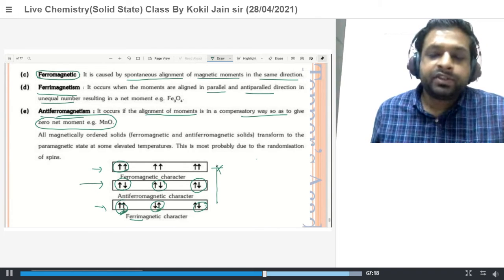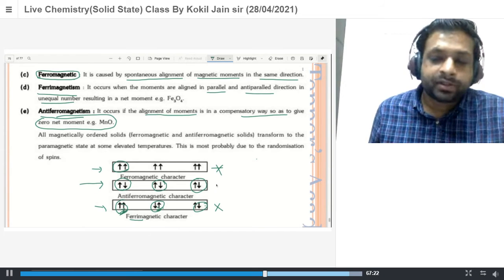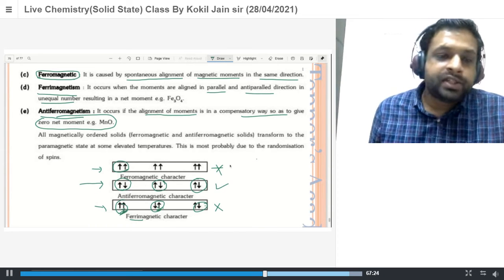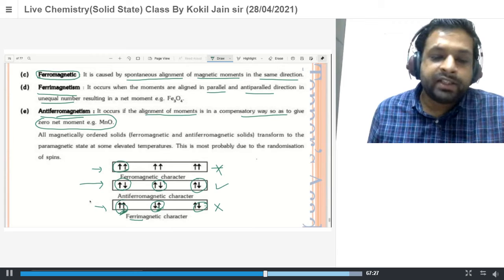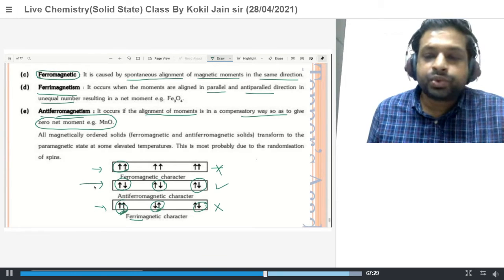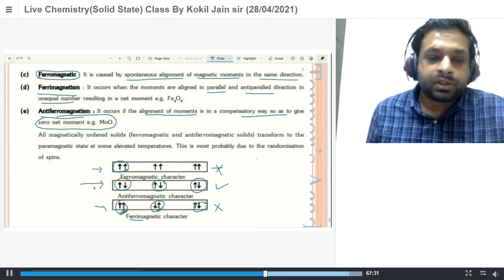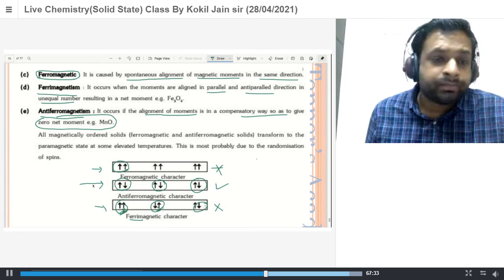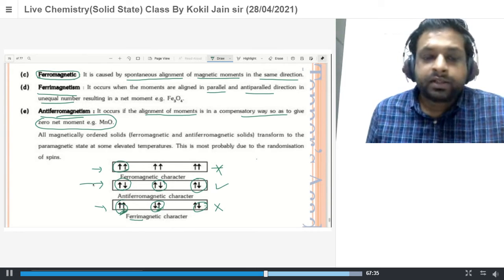In the first one it is not balanced, second one it is not, third one is not balanced. It is balanced here. So that is anti-ferromagnetism, which is not going to show any magnetic moment.